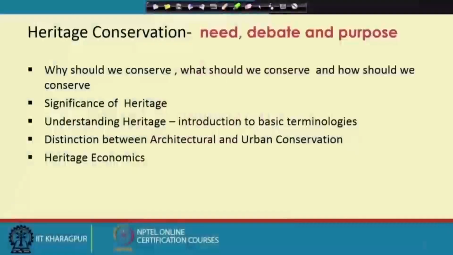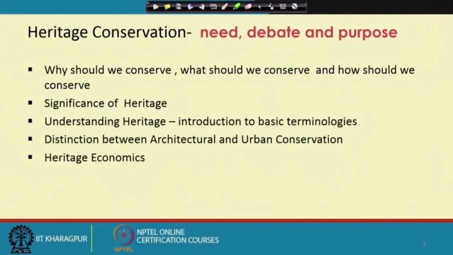Some sort of a valuation in the present context has to be taken into consideration, because just saying I am emotional, I want to preserve it, doesn't lead us anywhere, because there are so many other aspects. So I will touch on that aspect also, the evaluation method, particularly in relation to a heritage site or a cultural property, without going into much detail.